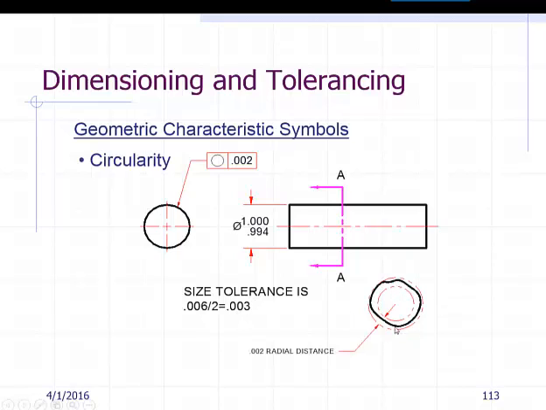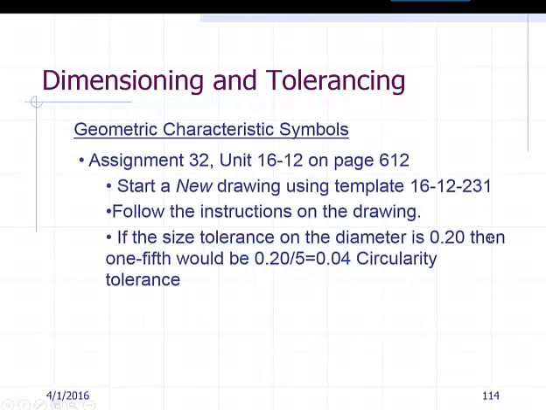And I could have 3,000ths on the top and 3,000ths on the bottom. Because again, if we look at this cylinder as being 0.994 and this one being 1, then to split that I would have a tolerance zone of 0.003 above and below. But as you can see, our circular tolerance is tighter. That's the whole purpose, is to control that a little tighter than what our standard tolerance does.